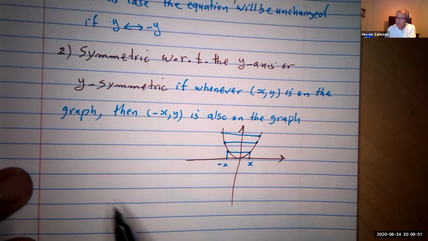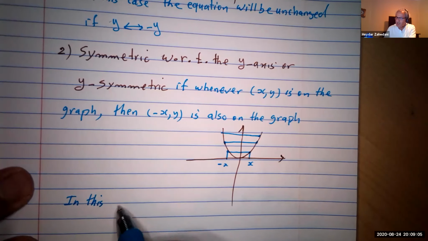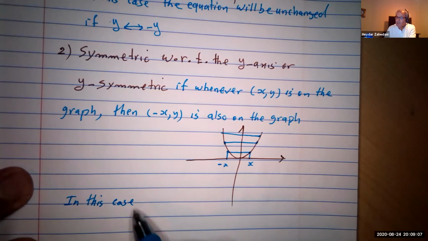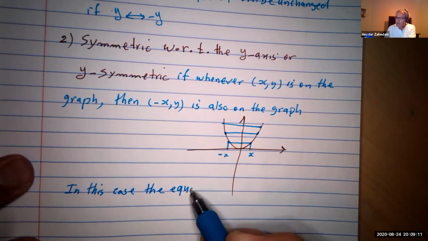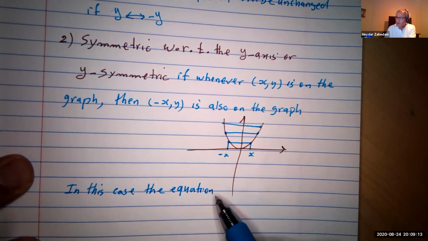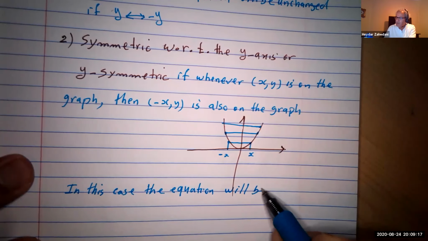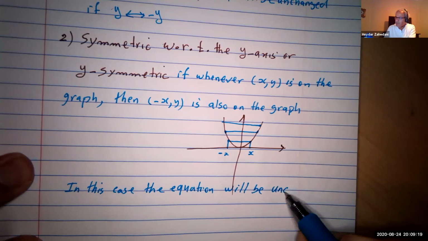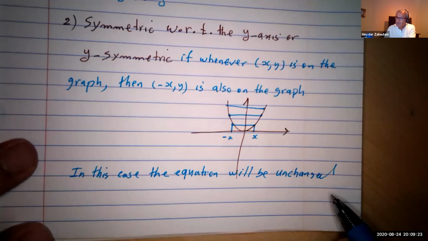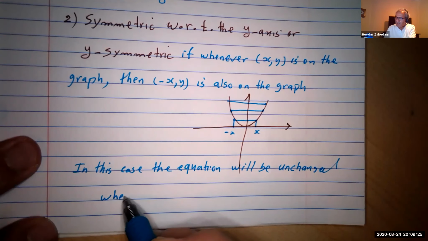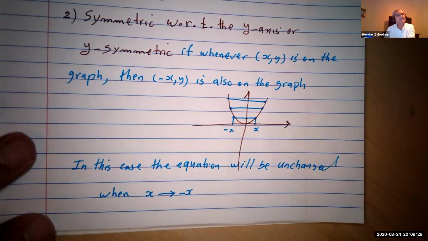So this means in this case, you change the x into the negative x, and the equation will be unchanged when we switch the x into the negative x, or the other way around.